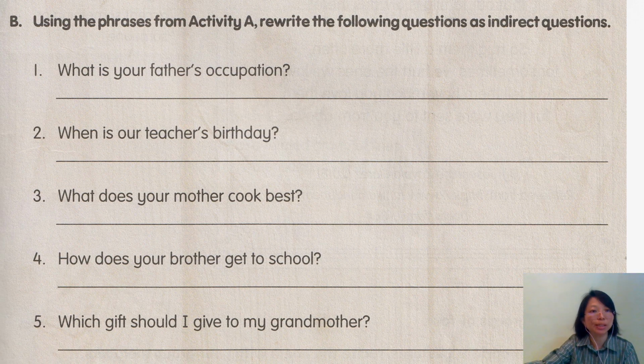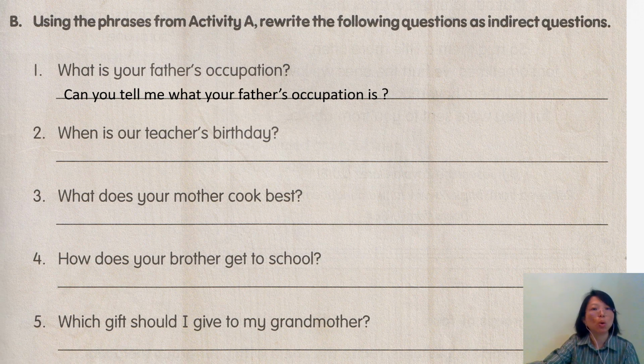The direct question here says, what is your father's occupation? So what is the answer? Can you tell me what your father's occupation is? So we use can you tell me, then you write what your father's occupation, then the "is" will be the last word in the question.